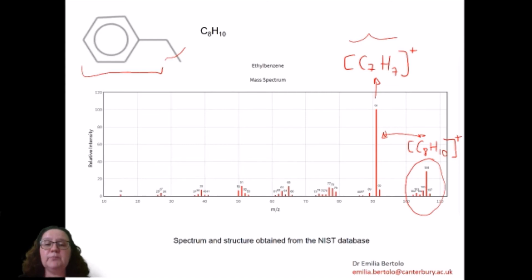And another peak that I might be interested in identifying is the one here around the 77 mark. Those are likely to correspond to the benzene ring, having lost the whole of the ethyl group.